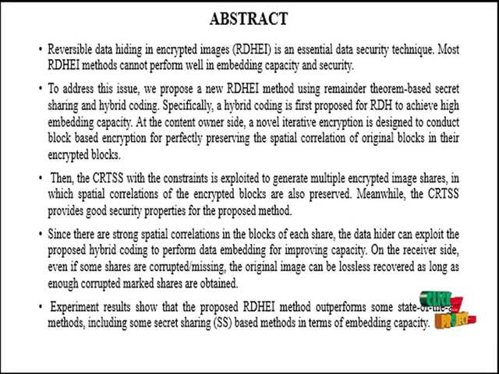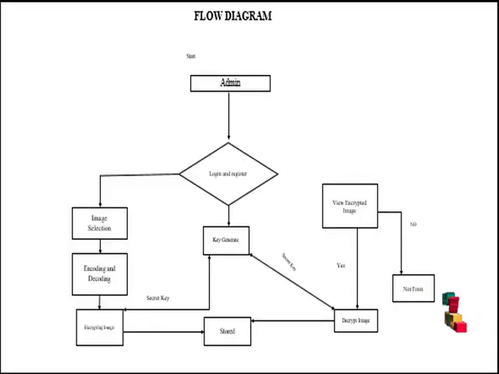On the receiver side, even if some shares are corrupted or missing, the original image can be losslessly recovered as long as enough uncorrupted marked shares are obtained. Experiment results show that the proposed method outperforms state of the art methods, including some secret sharing based methods, in terms of embedding capacity.